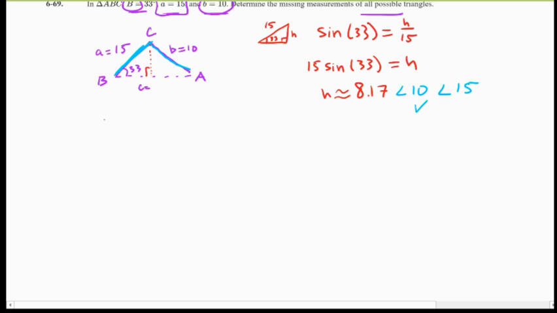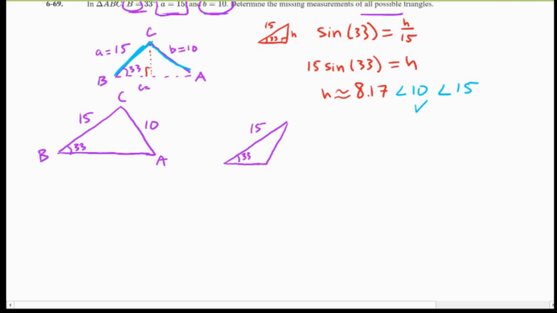I'll try to draw this as much to scale as possible, but I'm no artist, so bear with me. 33, 15, and 10. And then my other triangle will be a little bit skinnier, so still 15, still 33.